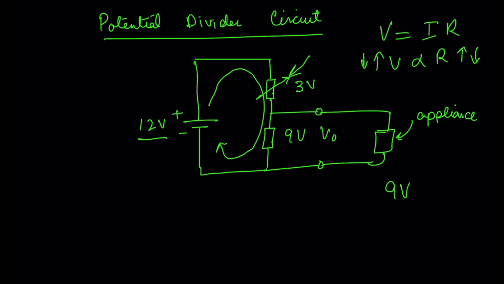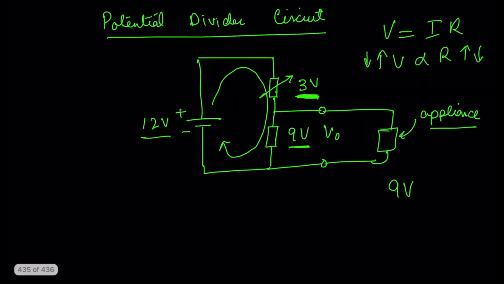Before it was 6 volts, 6. Now in order to get 3 volts over here, we have to decrease the resistance of this variable resistor so that the voltage across it becomes 3 volts and the remaining voltage will be across the other resistor. So in this way we'll attach the appliance, and this appliance will be receiving 9 volts. Okay, so that's how it works.